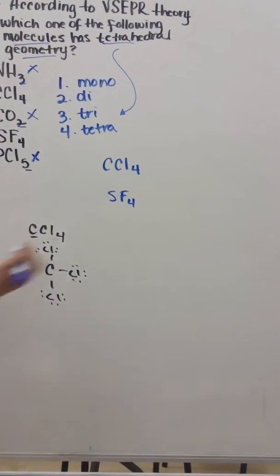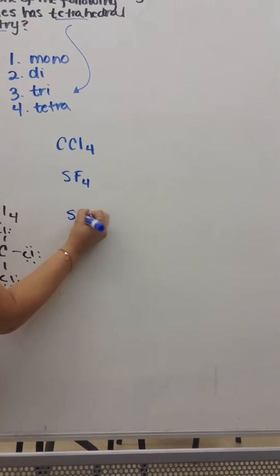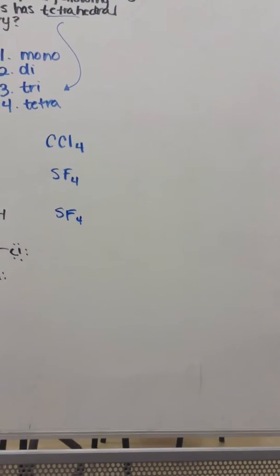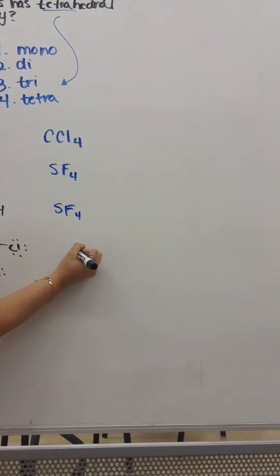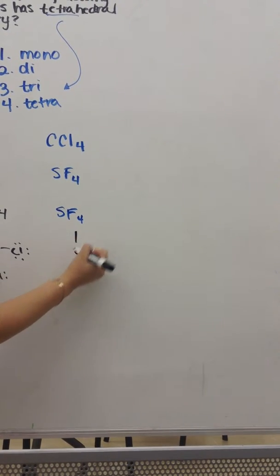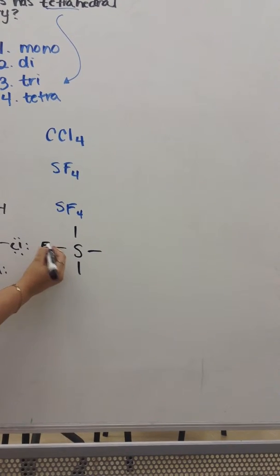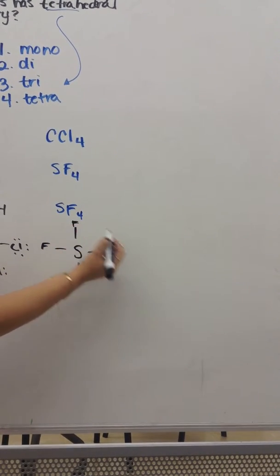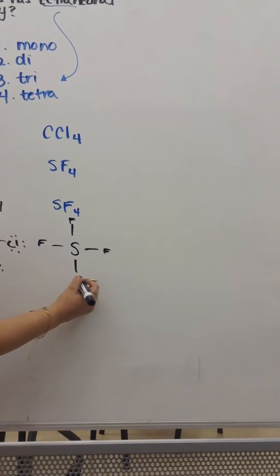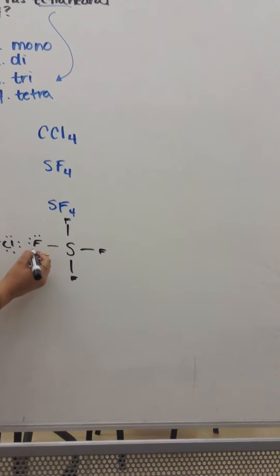Now let's go ahead and draw SF4. Same thing, sulfur as your central atom and fluorine as your 4 bonded atoms. So again, we need to follow the octet rule.